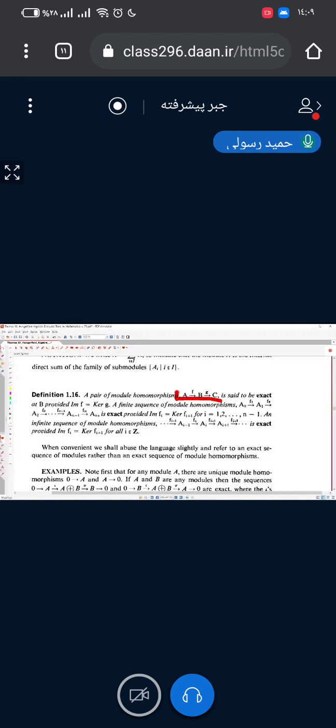A to B is a module homomorphism, and B to C is also a module homomorphism. We say that a pair of homomorphisms in this form is an exact sequence, exact at B, if the image of F equals the kernel of G. The image of F is the set of all F of A such that A belongs to A.